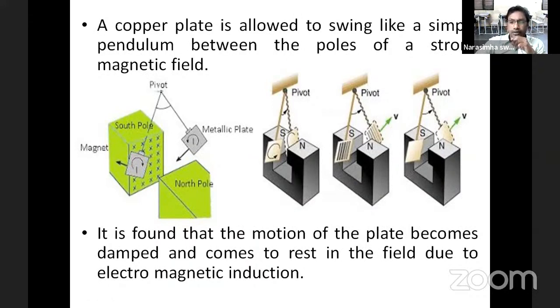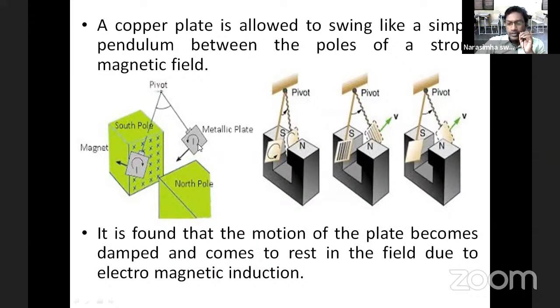Observe, when no external magnetic field is present, this metallic plate can oscillate 10 times per minute. But when the magnetic poles are kept near it, it can oscillate only 4 times. So what did we understand? This external magnetic field opposes the motion of this metallic plate.